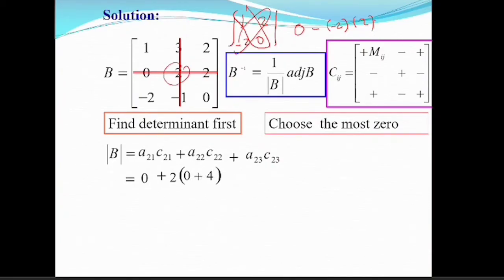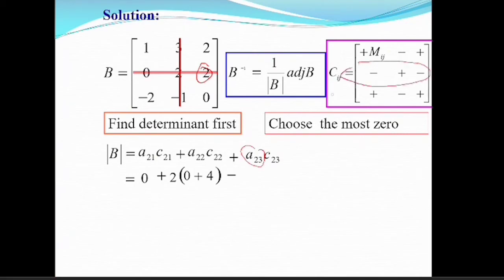And then remember that A23 is the element in the second row and third column. But before that, look at the cofactor. We know that the cofactor at the second row and third column has a negative sign. So that's why we write a negative sign here. And then writing down the value at this element, the value is 2.